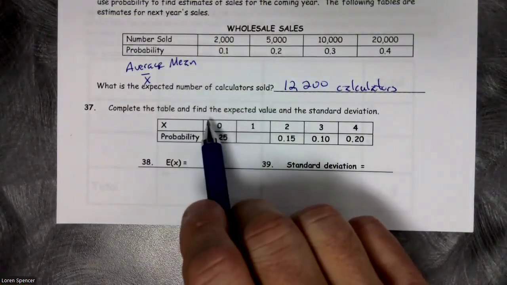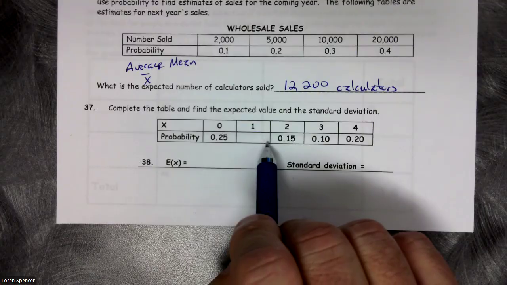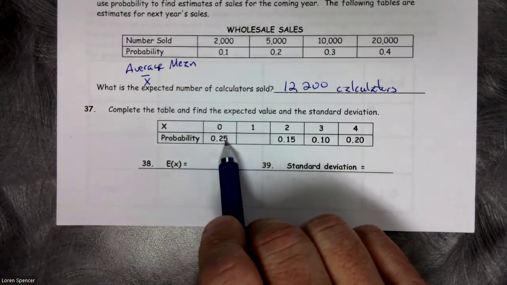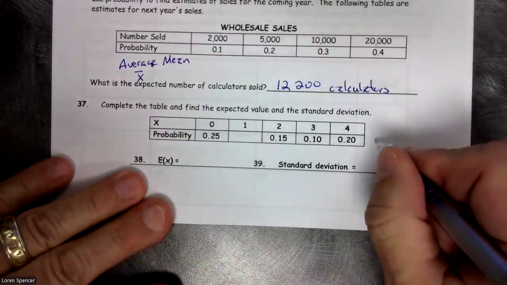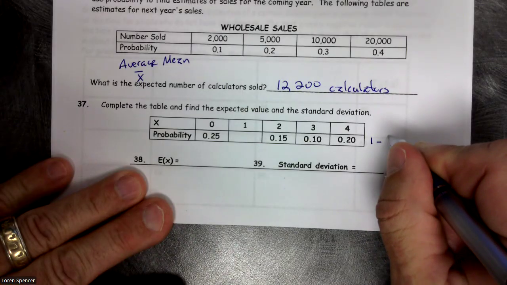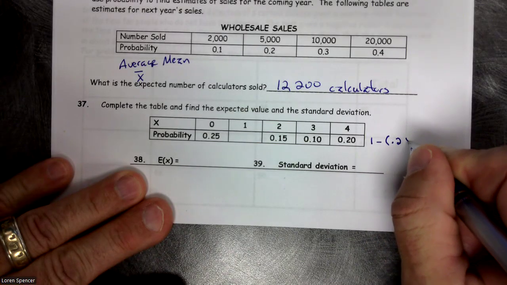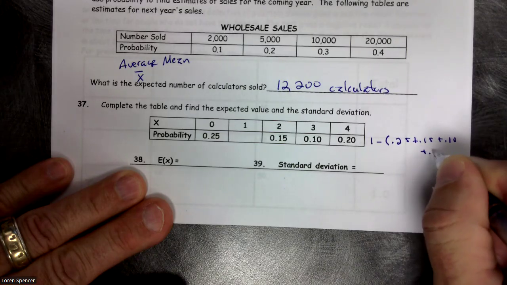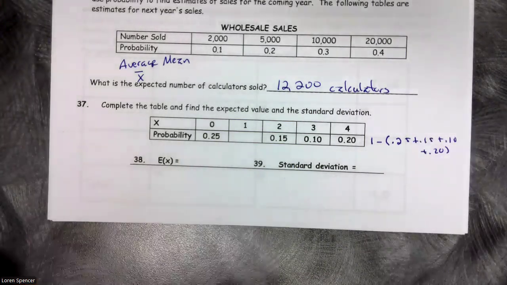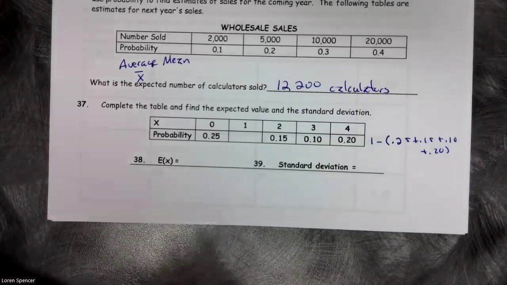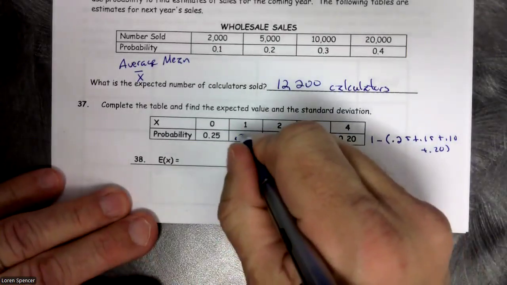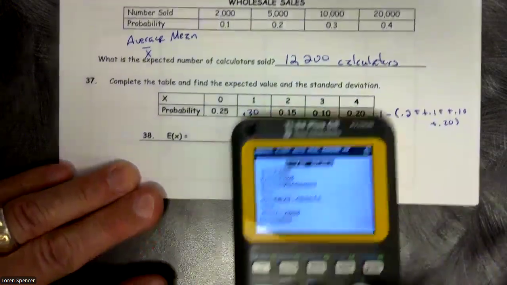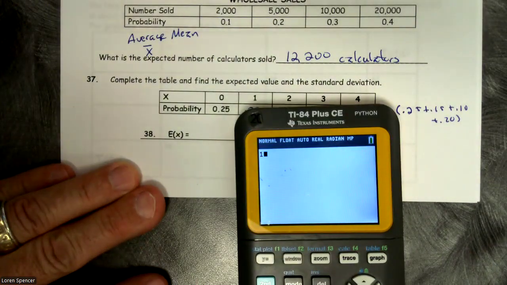Okay, here it asks me to complete the table and find the standard deviation. Well, I remember I have to add this up to 1. So this is going to be 1 minus (0.25 plus 0.15 plus 0.1 plus 0.2). When I do that, I end up with 0.30. And I'll show you that in just a second. So here we go.